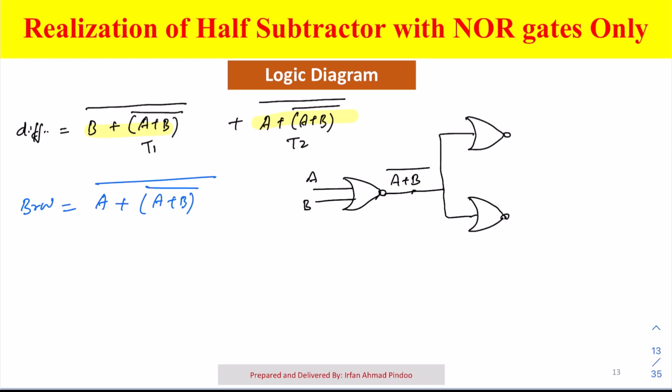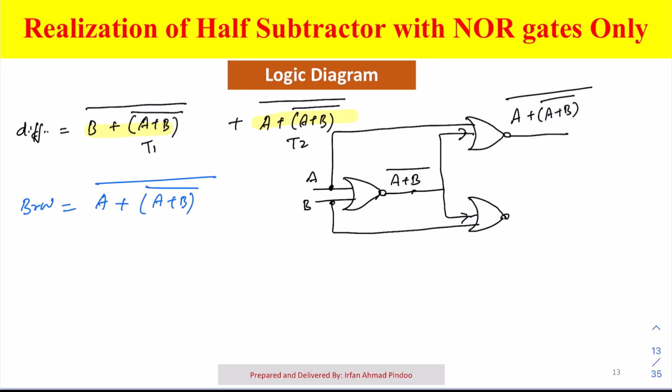Now one of the inputs is A plus B whole bar, which is already given. For the next input, in one of them we will give A, and in the other one we will give B. So the term we are getting here is A plus B bar with whole bar.